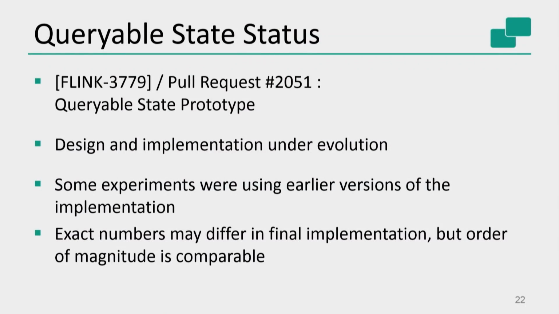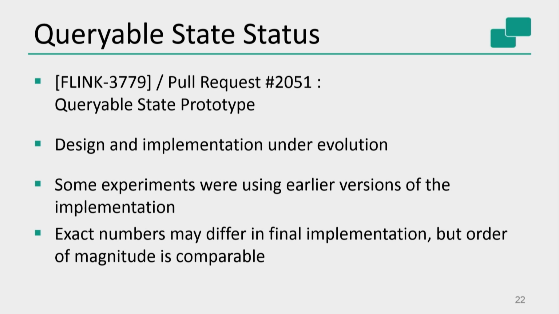Because this is going on all the time, there's a little caveat. Most of these experiments were done not with the exact version of the pull request, but with an earlier version, a slightly different implementation. So the exact numbers may vary a little bit, but the important thing is that the ballpark is the same. It's still under evolution and work in progress.